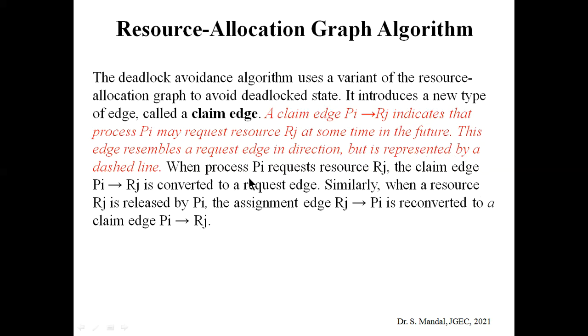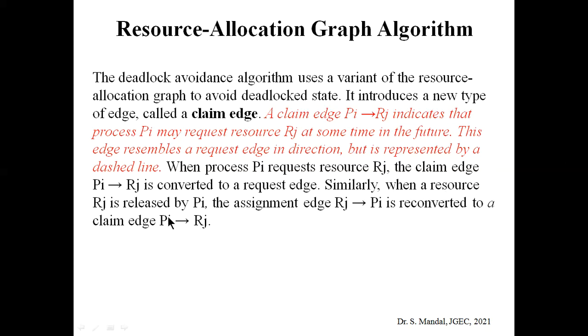Okay, now when a process Pi requests resource Rj, the claim edge is converted into a request edge, and when a resource is allocated to the respective process, it is denoted by the respective edge from the resource towards the process direction. And when the process execution is complete, the resource is released.